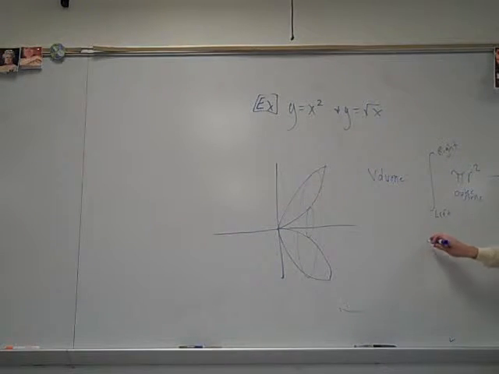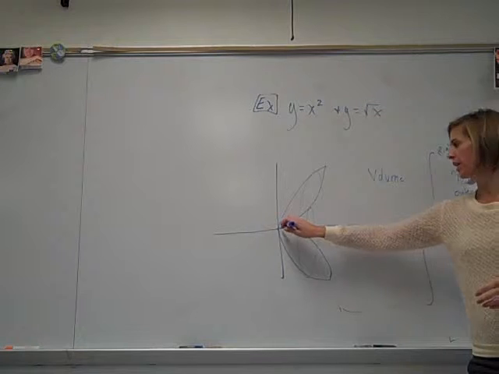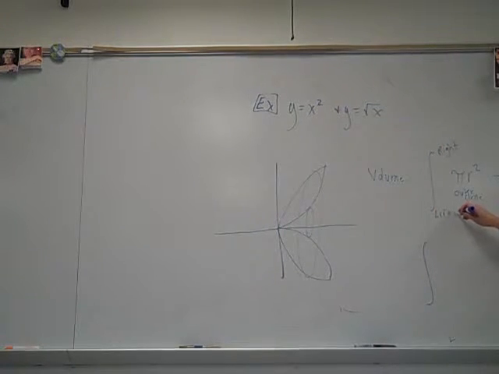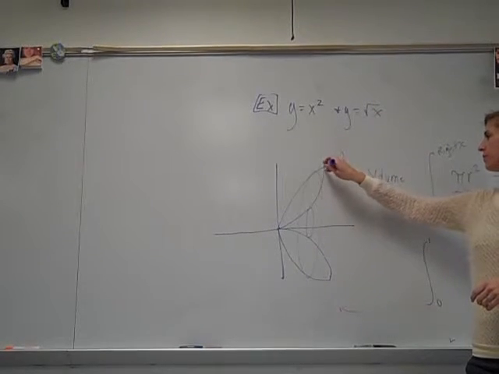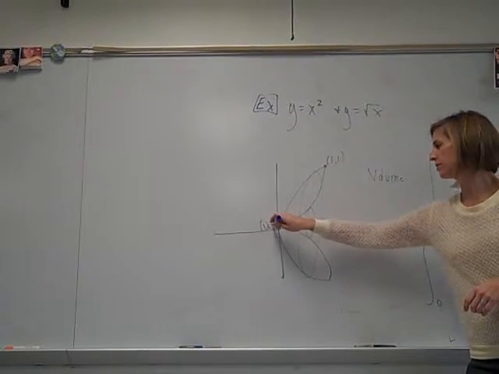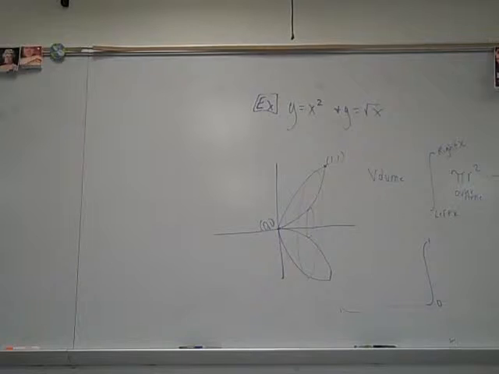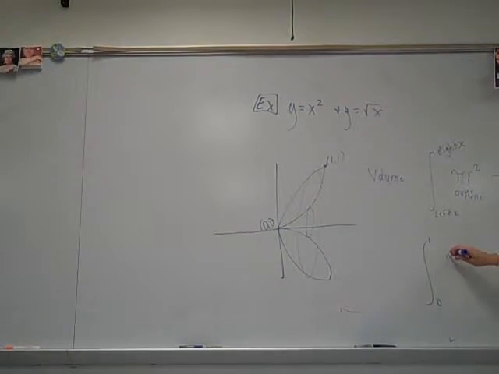So for this particular problem, left to right, I should say left x to right x, because these are x values that we're putting in as the limits. We'd already said that this goes from 0 to 1, because they intersected at the point (1, 1) and the point (0, 0). And then we talked last week about how to find that radius.